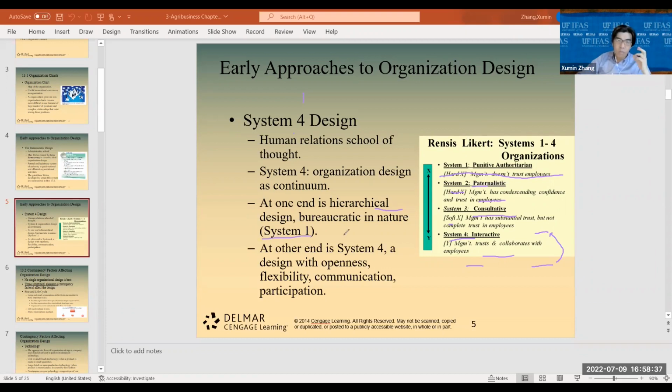System 1 is closer to the administrative model, bureaucratic in nature. But once you move along this spectrum, you will see they are more focused on human relations, human capital, and human development from system 1 to system 4.